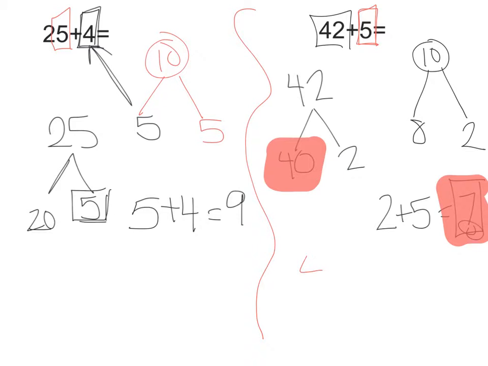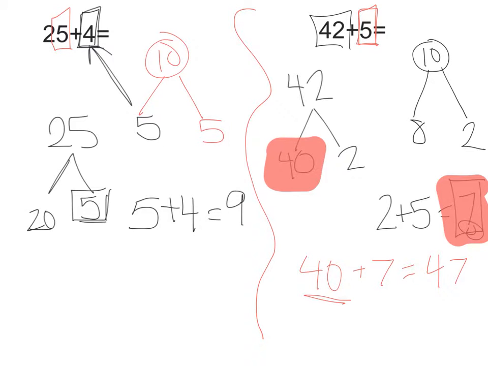So I have 40 plus 7 equals 47. You'll notice that 40, being just a 10 with a 0 in the 1s place, is much easier to add to than 42 is. So I have made my groups of 10s and 1s because I know in the end it's going to make it easier to solve.